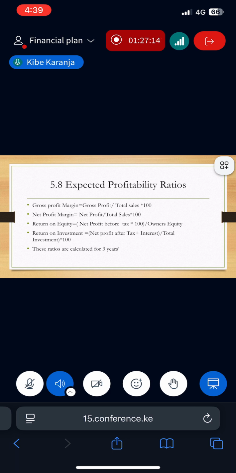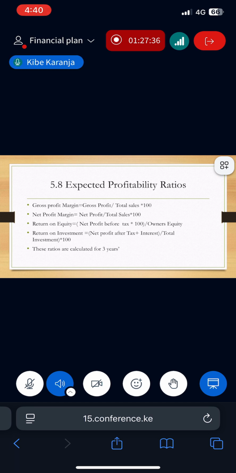You can calculate so many different types of ratios in a business, but what we are interested in at this level are only those 5 ratios.